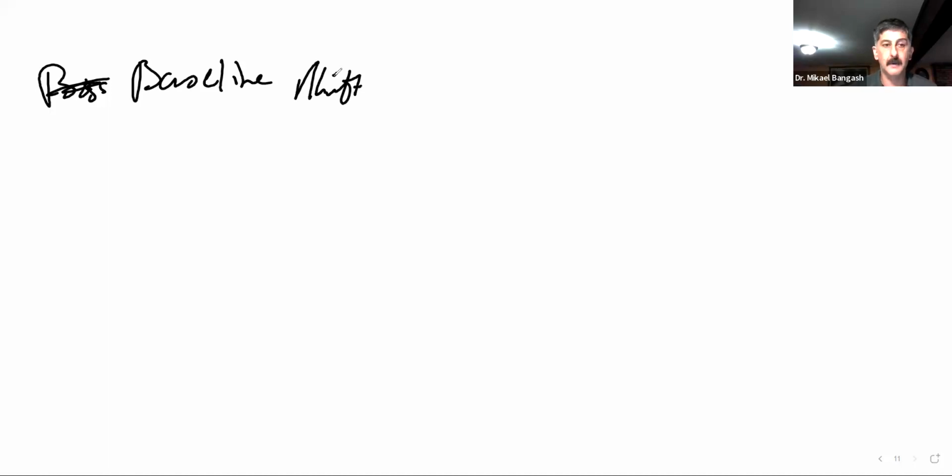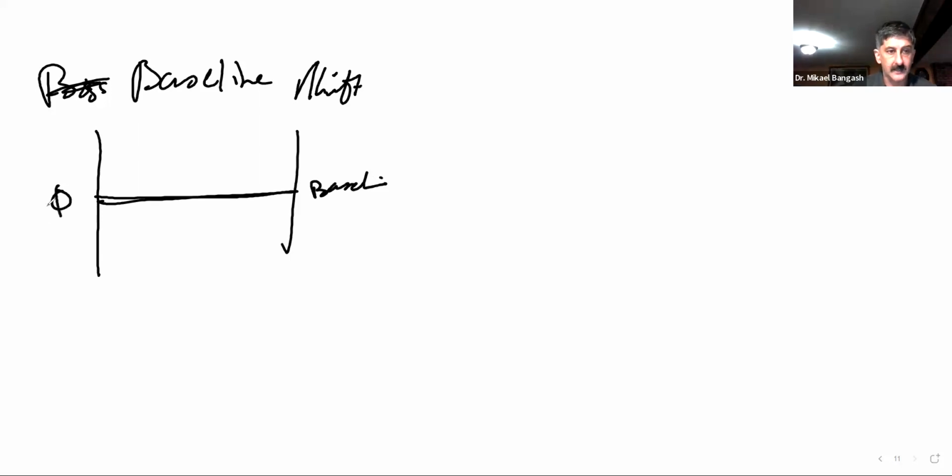Now, girls, please keep in mind that it is not only in a spectrum where we had a baseline. And we already know that this baseline here represents a 0 Doppler shift. We also had a baseline in the color map.